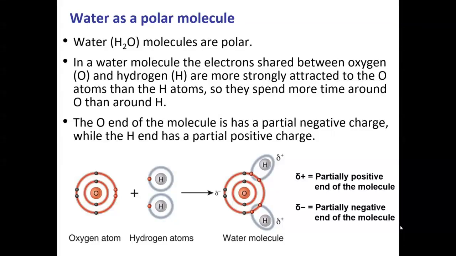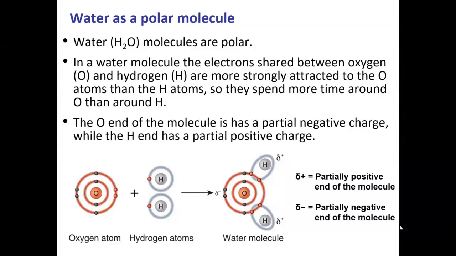And therefore, the oxygen end of this molecule, and these hydrogens are shown off at an angle, like they're both on the same side of the oxygen. That's how that molecule of water is shaped. But the electron is spending more time over here than over here. So this oxygen end of the molecule, we say it has a partial negative charge.